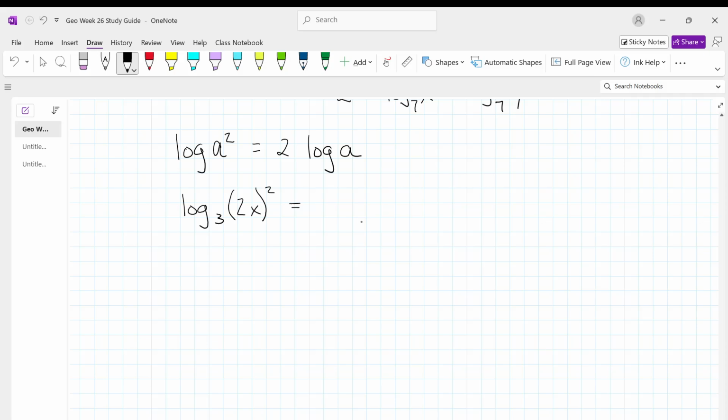So in expanded form, this would be 2 log 3 of 2 plus 2 log 3 of x. Anybody have any questions? Just expanding the logs today.